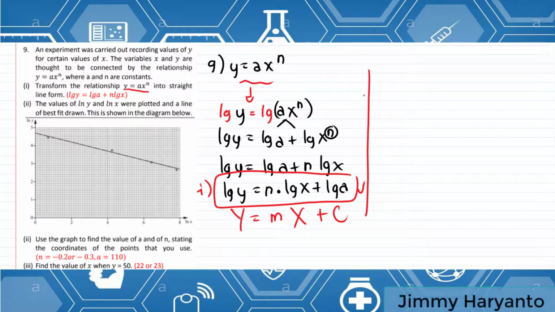And then for part two we have to use the graph to find the values of a and n. This is the graph of it. We can look at the y-intercept. The y-intercept is about 4 point, how much?